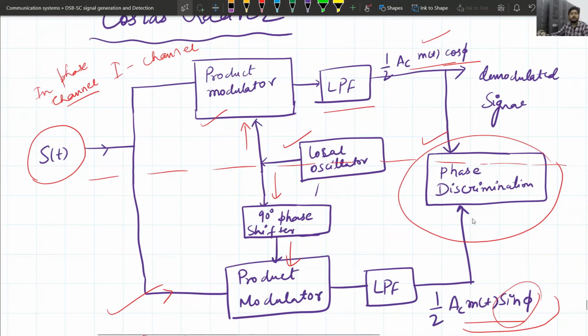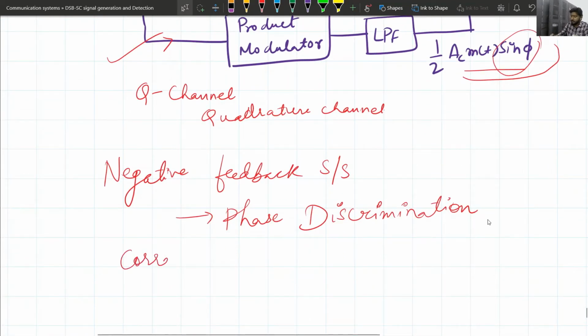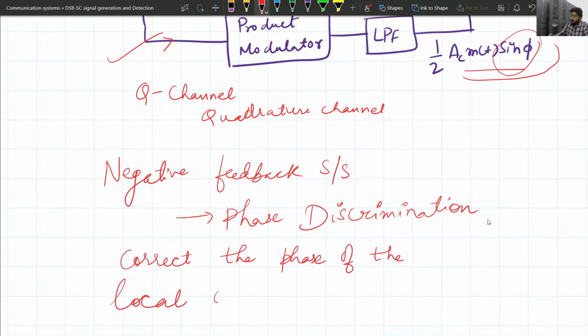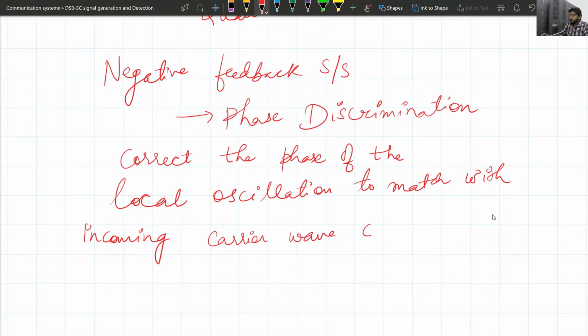The purpose of the phase discrimination method is to correct the phase of the local oscillator to match with the incoming carrier wave c(t).